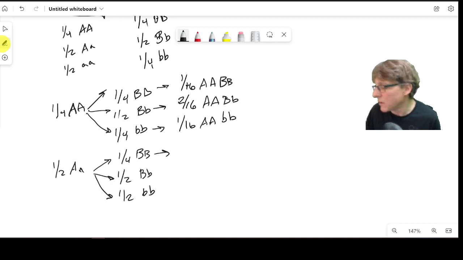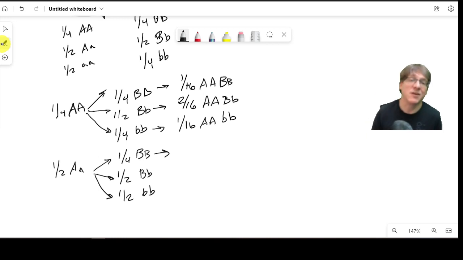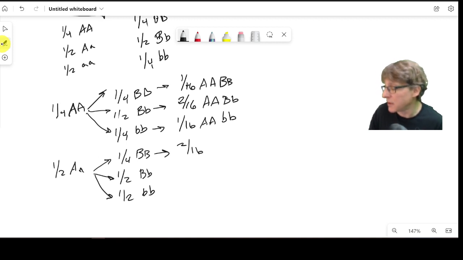And so we'll go back. Right now, all we're doing is calculating the genotypes. We can then go back and translate these into what the phenotypes would be, and we can also figure out what ratios we have. Okay, so now 1/2 times 1/4 is going to be 1/8. 1/8 is 2/16 of the offspring that are going to be heterozygous at the A locus and homozygote dominant at the B locus.